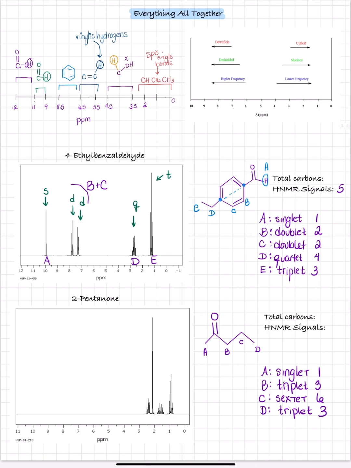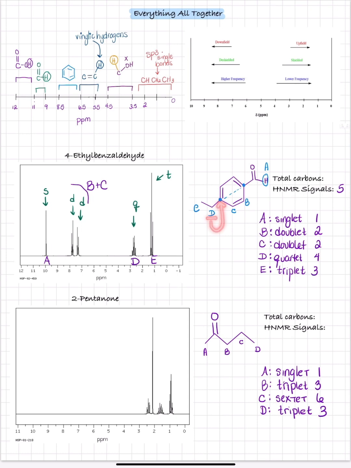Now let's make this make sense. So E is a CH3, and CH3 should come closer to 0. Look at this. Everything is matching. D is a CH2, which should be somewhere around 1.5. Now, pay attention. D is connected to a benzene ring.